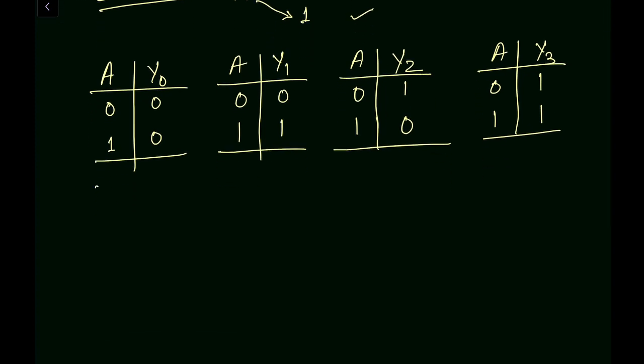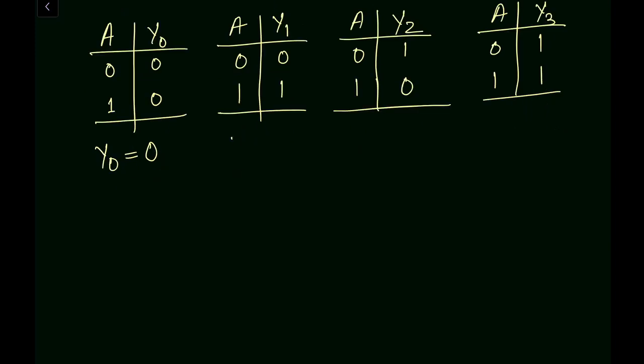So let me write down here y0 equal to, so in the first case, irrespective of the input 0 or 1, we are getting output equal to 0. So y0 we can write as equal to 0. For the second case, for y1 we can write: when A equal to 0, y1 equal to 0, and when A equal to 1, y1 equal to 1.